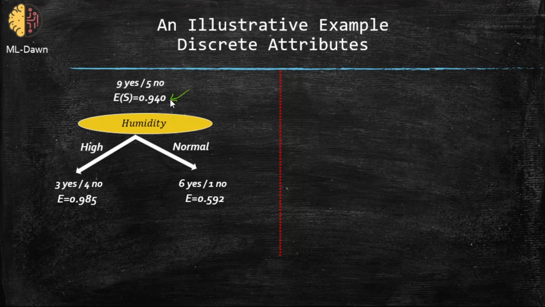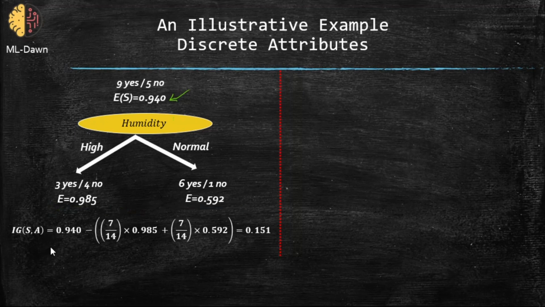Now the question is, how can I combine these two entropies to report the entropy after splitting on the attribute humidity? That was when we talked about information gain. So let's see how it can be computed. There we go.